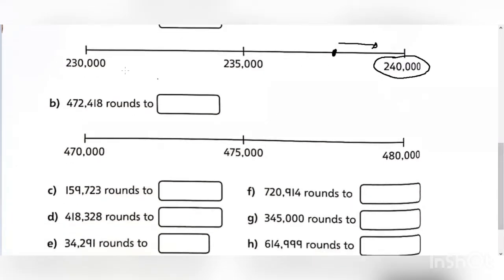Okay, the next one. We have the number 472,418. If we use the number line, where must the number be? This one is 475,000.